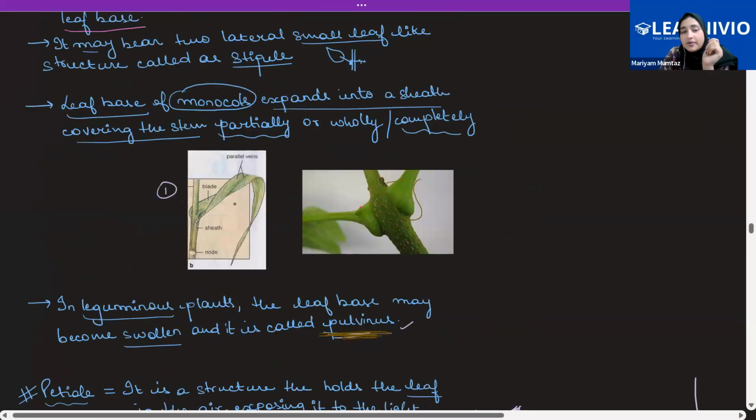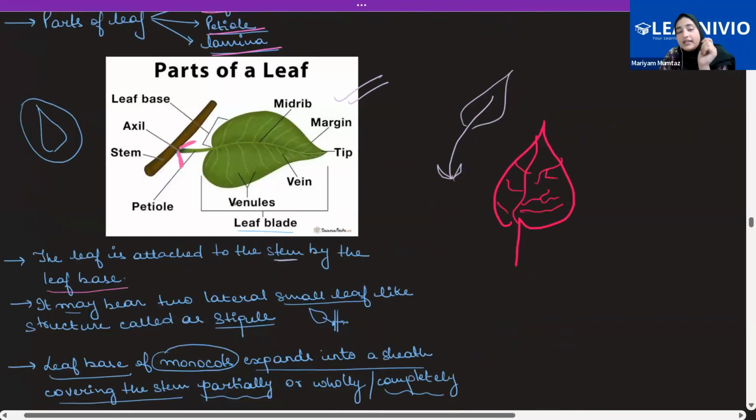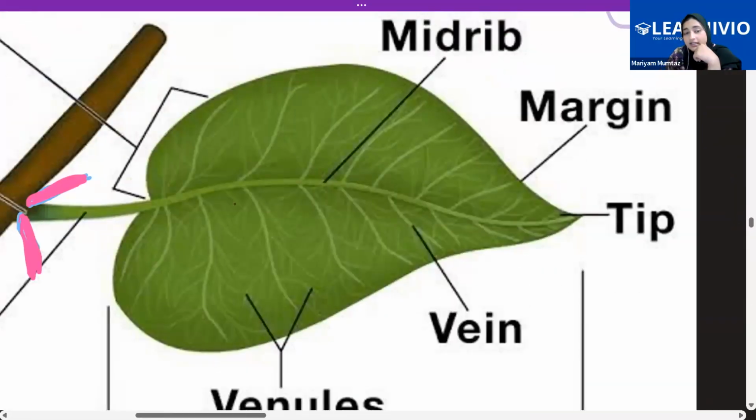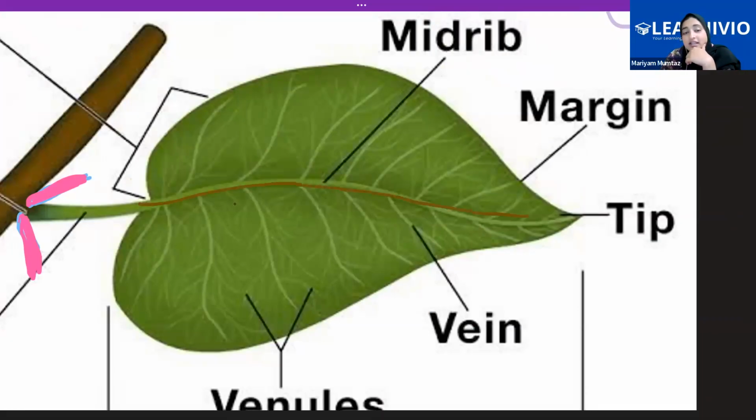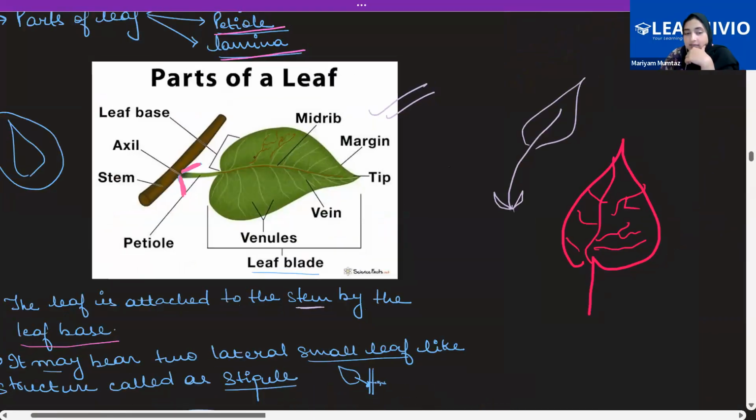In the middle, there is a prominent midrib. In every leaf, the thick structure right in the middle is called the midrib. And then these are all the veins and the veinlets that arise from the veins. Understood? So this is the basic anatomy.